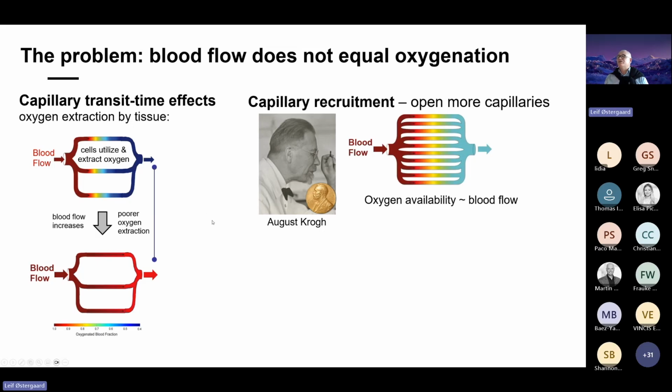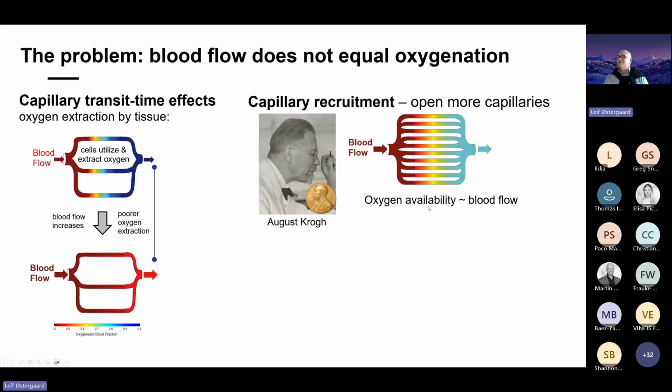He imagined that capillaries open when blood flow increases. You can see how if you increase blood flow, then with more capillaries available, transit time stays relatively long, so that oxygen extraction remains really good.